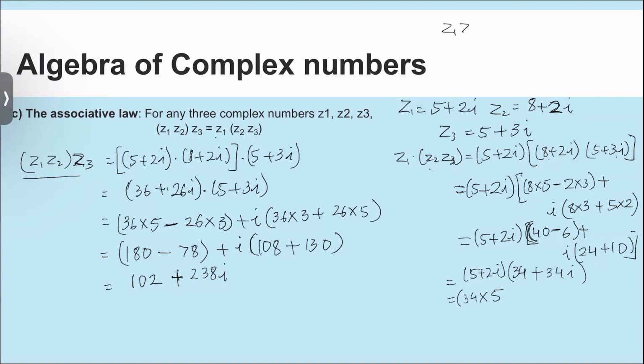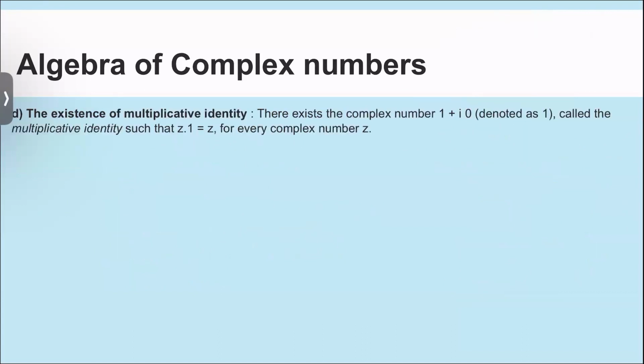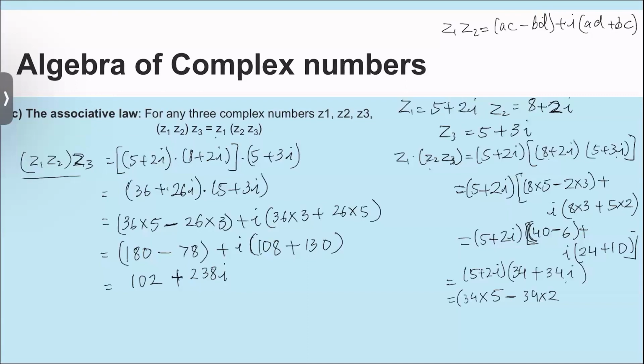So I will just write it here, so you can refer to this when you are practicing. AC minus BD plus i times AD plus BC. You have AC already done, then minus BD, so that is 34 multiplied by 2. The minus sign comes because we get i square when we multiply the BD.